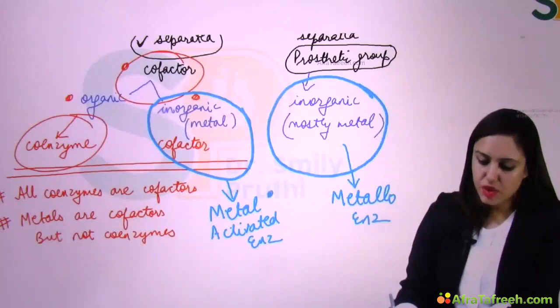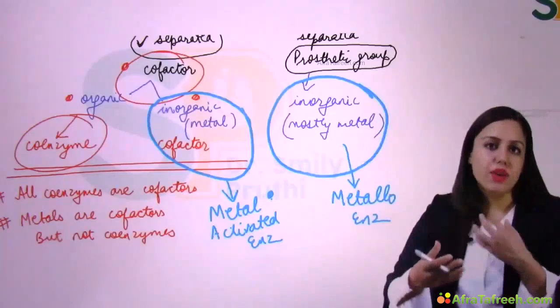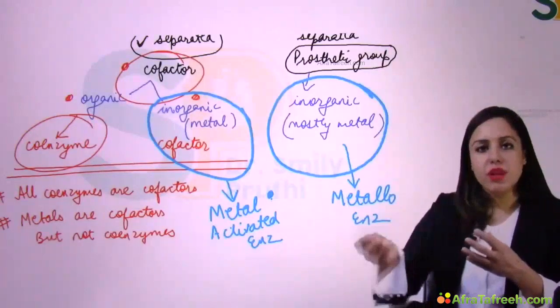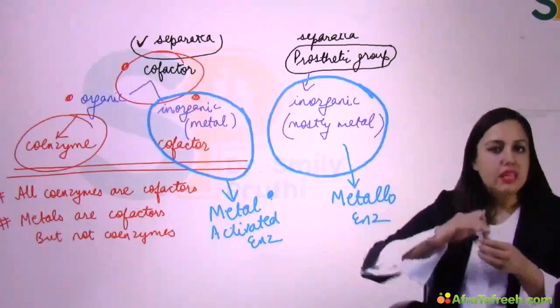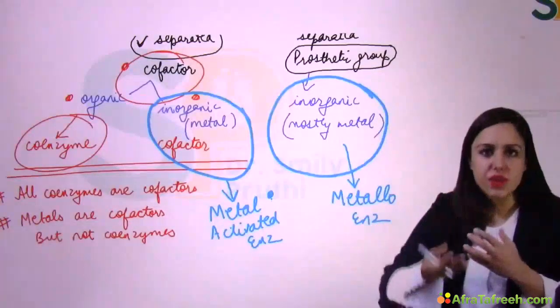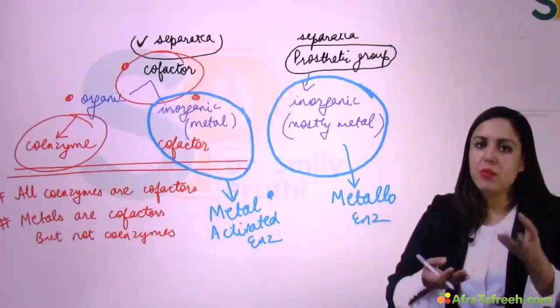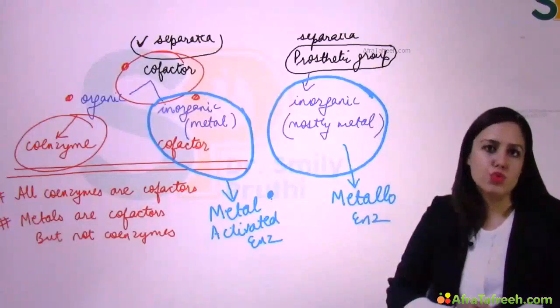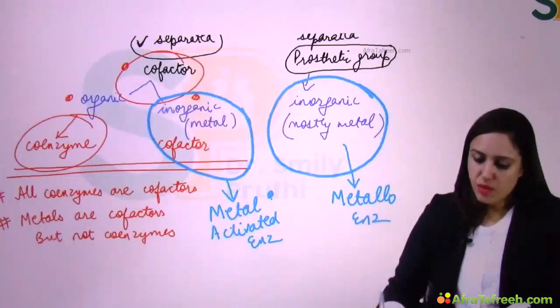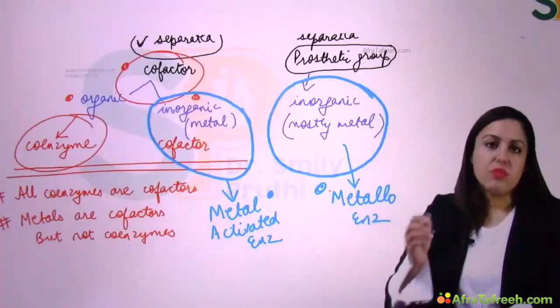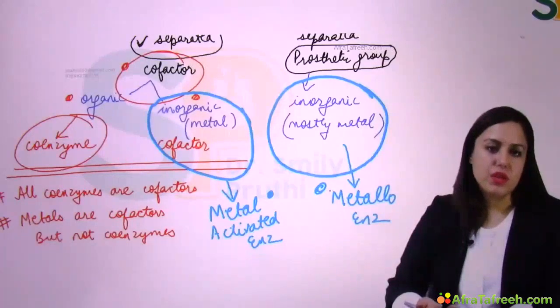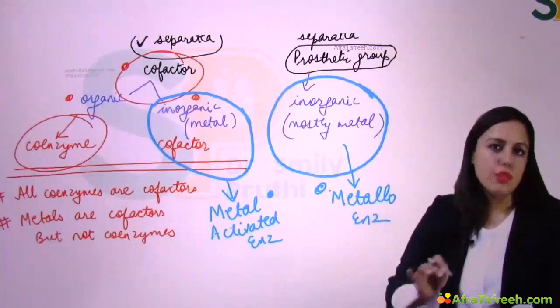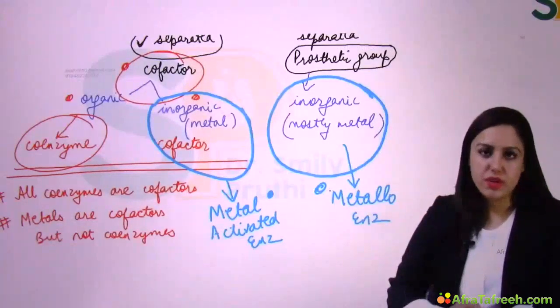See, the name is telling you: metal activated means when metal is present, then the enzyme gets activated. Means metal can be present also, metal can be separated also, right? But in metalloenzyme, metal is always there with the enzyme, means prosthetic group, right? So the names are very clear, right?